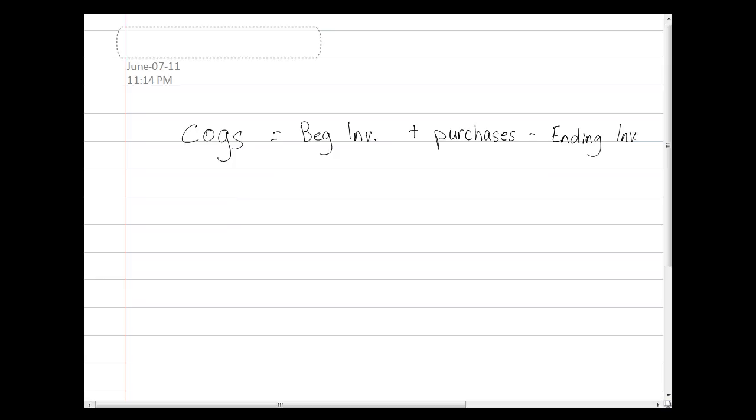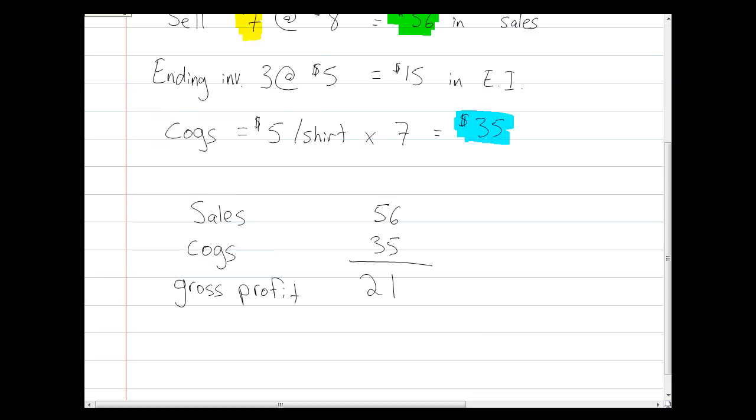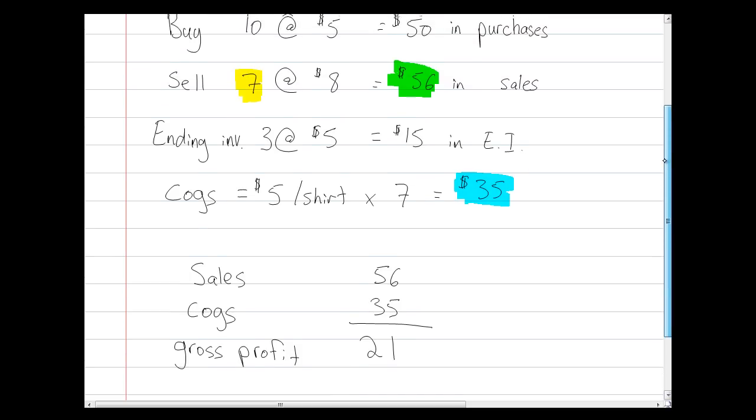And so if we use this formula for the same example which we used before, we should get $35 as our cost of goods sold as well. And so let's go ahead and use that formula.